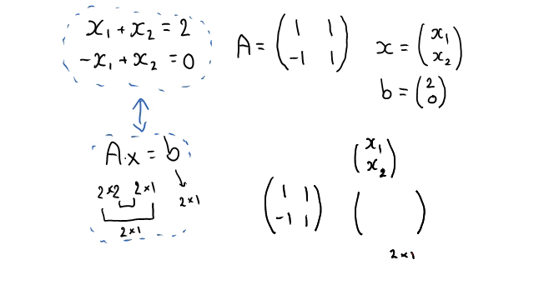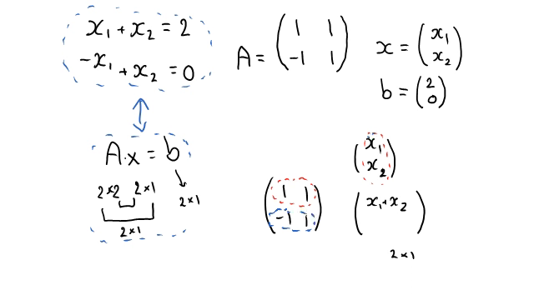To find the element in row 1, we do the dot product of the first row with the first and only column, and that's given by 1 times x1 plus 1 times x2, or simply x1 plus x2. To do the second row, we do the dot product of the second row with, again, the same column, and that will give us minus x1 plus x2.